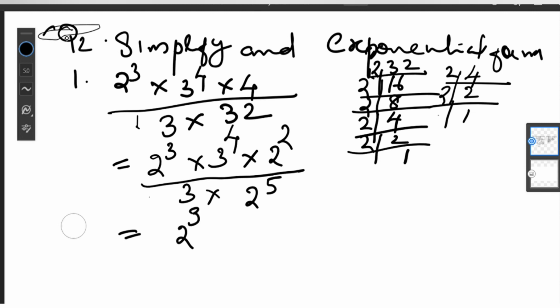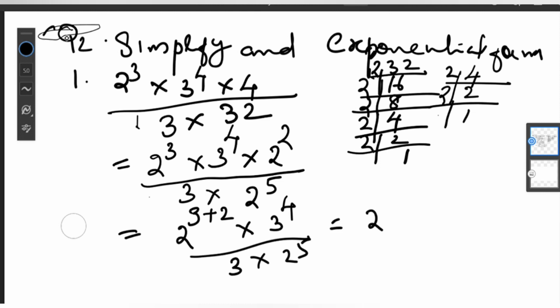If we write the 2s together, 2 to the power 3 plus 2 into 3 to the power 4 by 3 into 2 to the power 5. So 2 raised to 3 plus 2 is 5, into, again one more 2 is coming here.